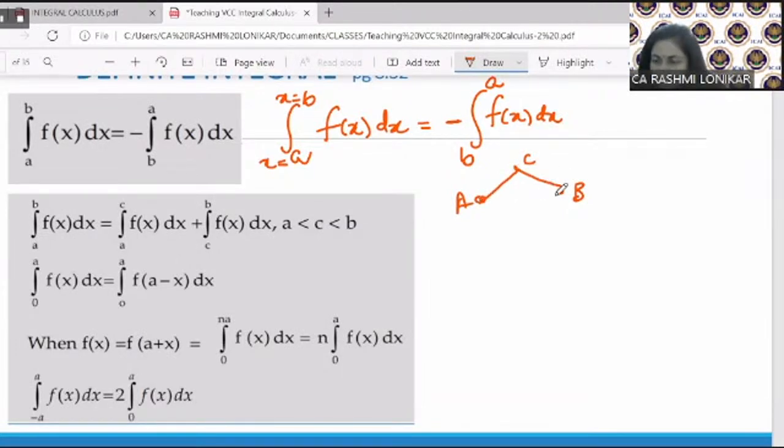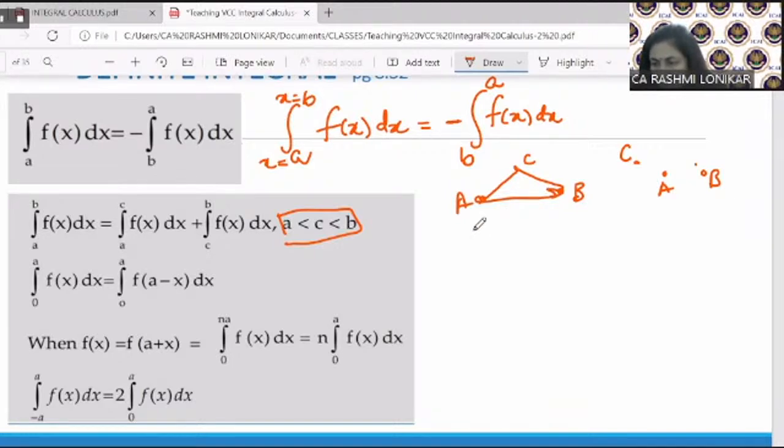It is as good as going from a to b. Okay. But remember, a is less than c is less than b. Okay, I cannot have c over here and a over here and b over here. Then this rule will not apply. This applies only when a is less than c is less than b. Okay.